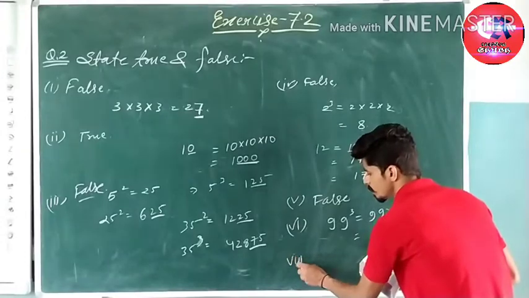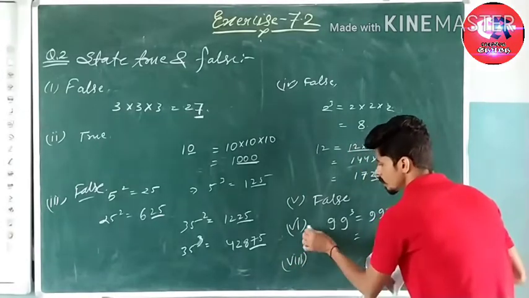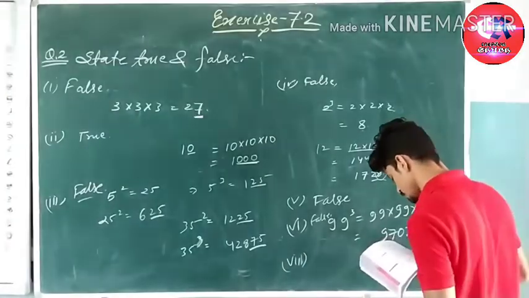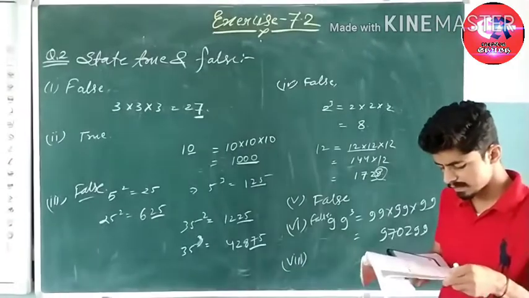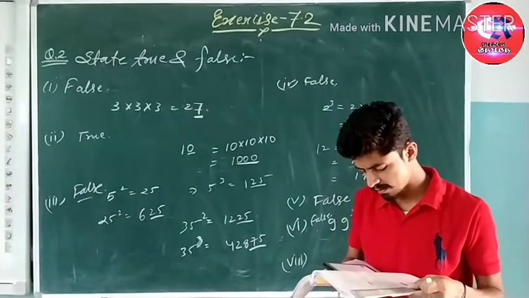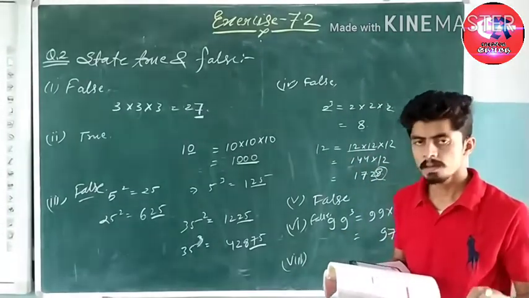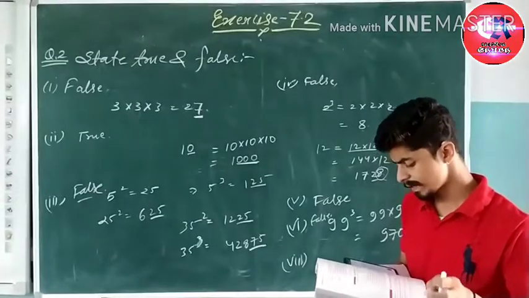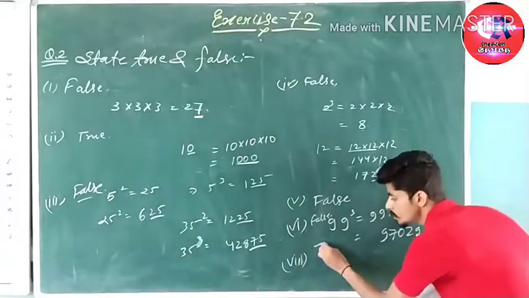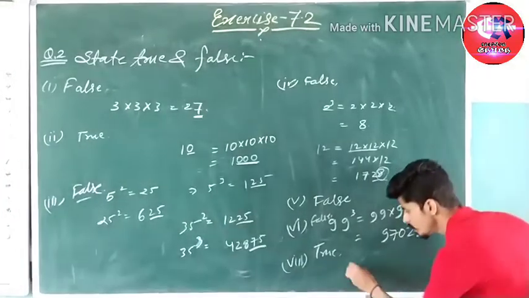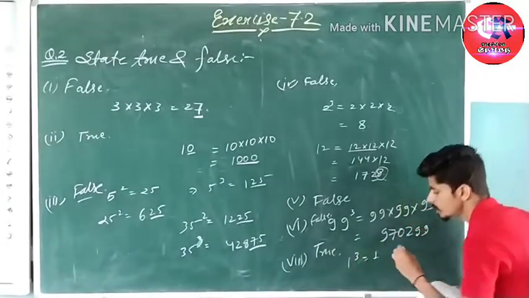Now the sixth one will be false, and the seventh, last statement is: the cube of a single digit number may be a single digit number. Cube of a single digit, that means 1 2 3 4 5, may be a single digit number. Yes, it is true, because the smallest 1-digit number is 1, and the cube of 1 is equal to 1.